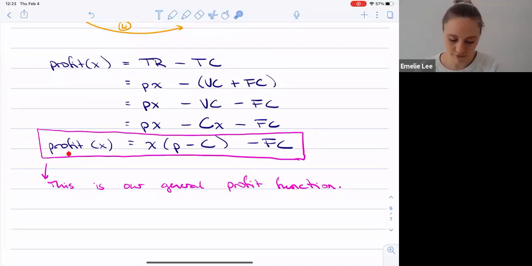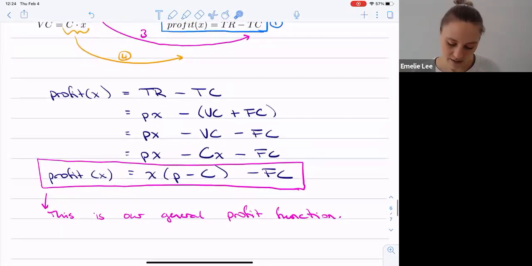But ultimately, if you want to have this on some sort of cheat sheet to the side, especially for the test when you have to use this stuff, maybe it's nice to have the formula handy, right? It is open book, so you can have stuff like that handy. But I also need you to be able to develop the general profit function, right? But we're allowed to just use it from here now, okay?